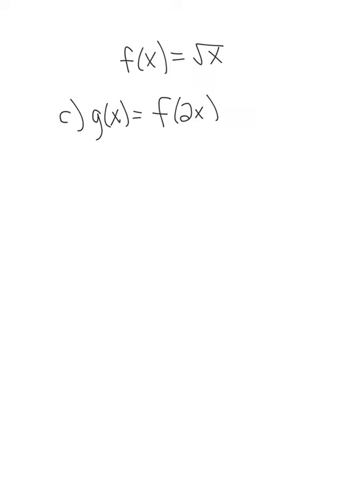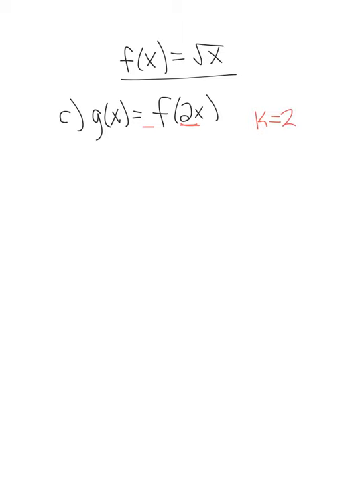We're going to be continuing on, so I just rewrote f of x is equal to the square root of x just because it's on a different slide and I wanted to make sure you remembered. So part C says g of x is equal to f of 2x. So before, the 2 was out front. We know that that was an a. Now that the 2 is in the brackets with the x, or in the f of x, we know that this is now a k.